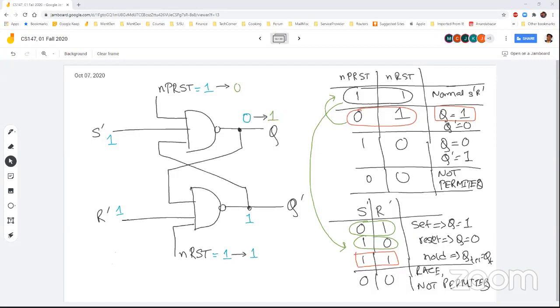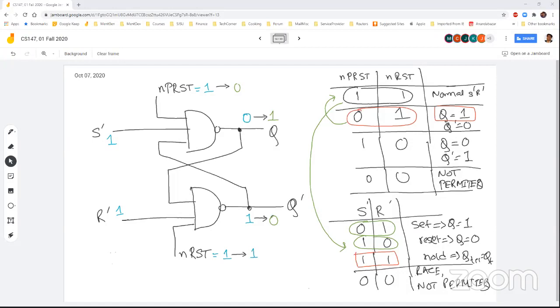And what it will do for this guy, R bar is 1, and reset is 1. So that means it will move this guy to 0, isn't it?